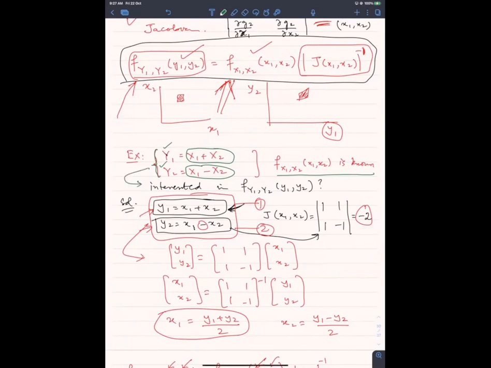ये बिल्कुल उसी तरह का सवाल है जैसे मैं आपसे कहूं कि y is a function of x. अगर x का पीडीएफ दिया हुआ है तो क्या y का पीडीएफ मालूम कर सकते हैं? तो आंसर इज यस, हमने उसका प्रोसेस डेवलप किया हुआ है. बिल्कुल उसी तरह अगर आपको x1 और x2 का जॉइंट पीडीएफ दिया गया है and y1 and y2 are the functions of x1 and x2, can you find the joint pdf of y1 and y2?